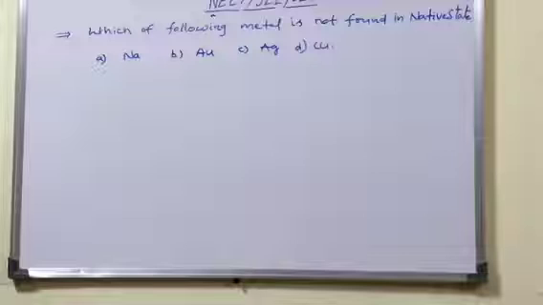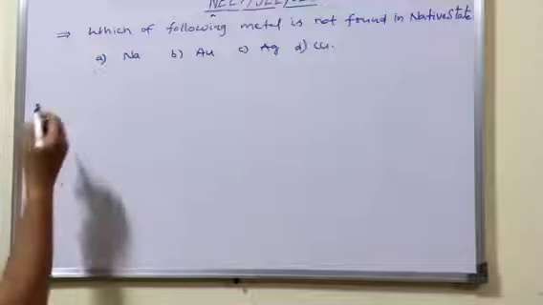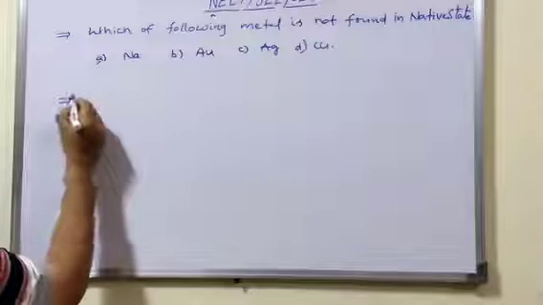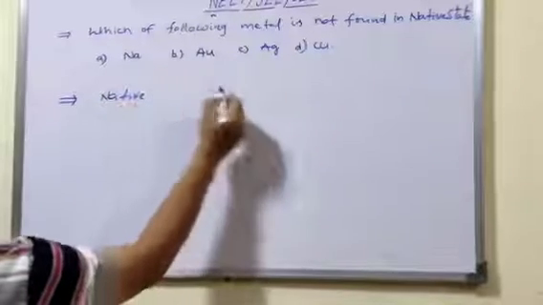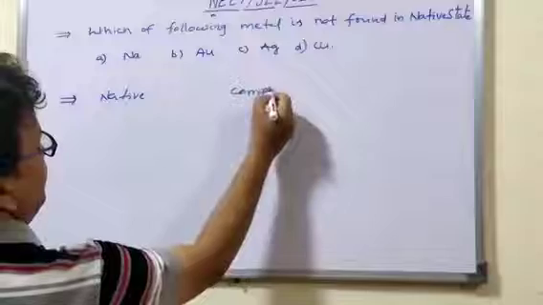Which of the following metal is not found in native state? Sodium, gold, silver, copper. So we learned that elements exist in two forms, native form and compound form.